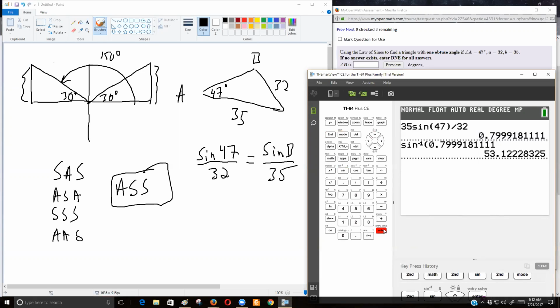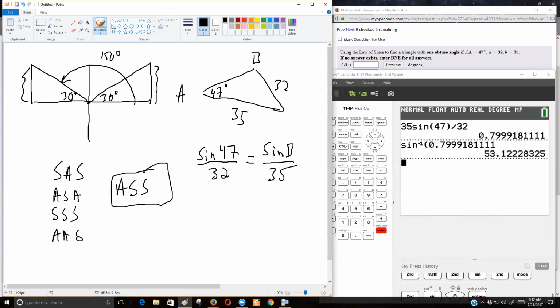However, just like I drew with the 30s, it could be an angle over here that has a reference angle of 53 degrees, and that will have the same sine.